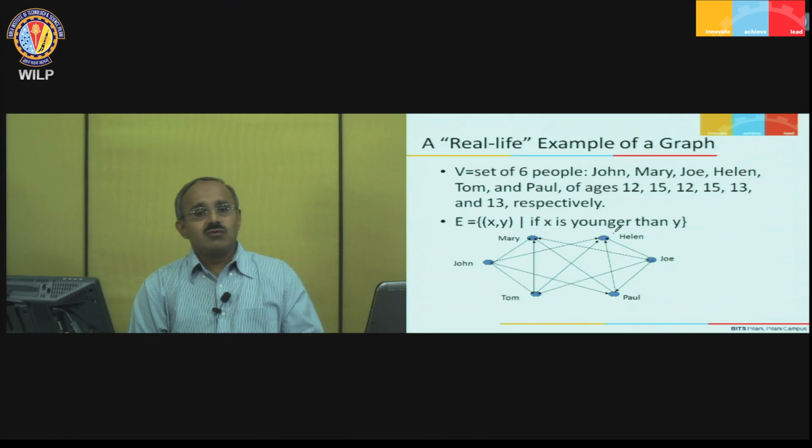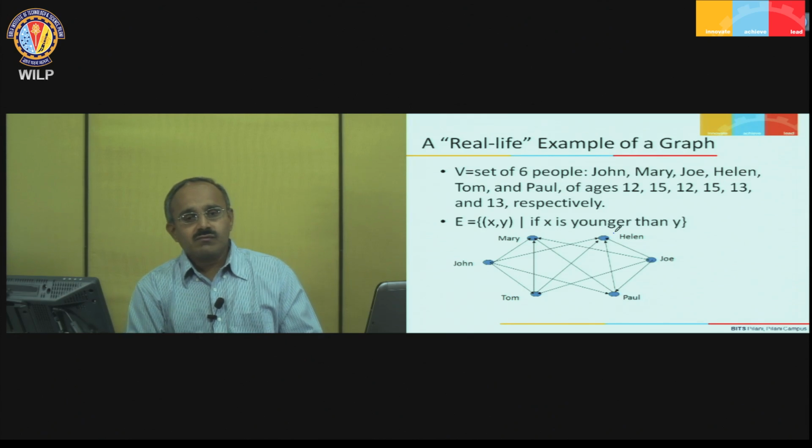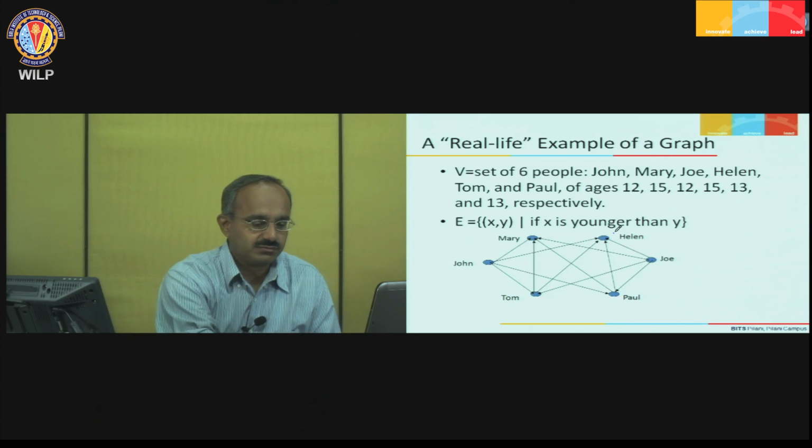So, whether your graph will have edges with arrows or without arrows is decided by what relationship is defined on the individual vertices or elements of that particular set on which you are trying to look at the relationship.